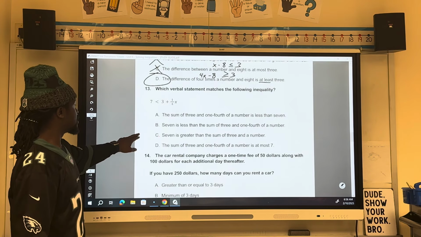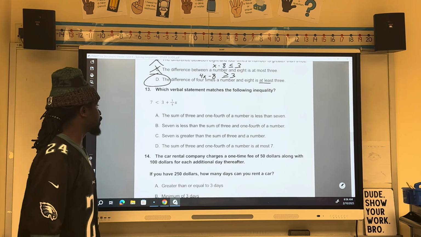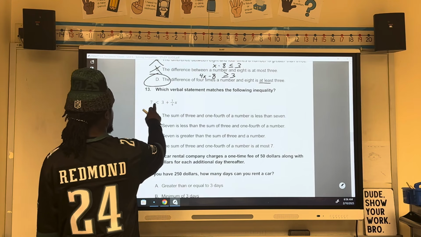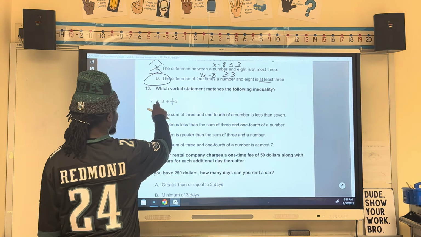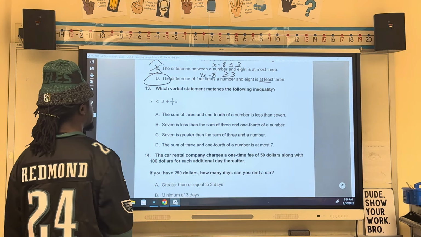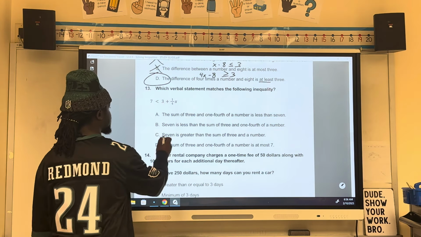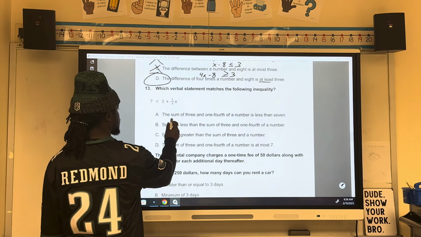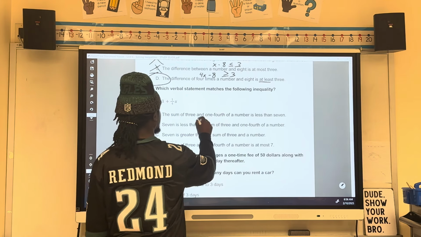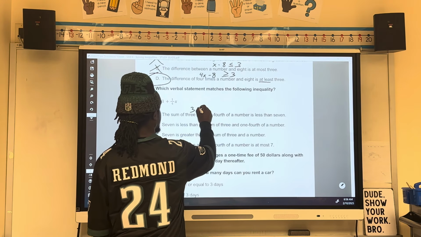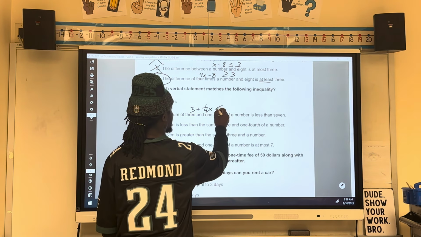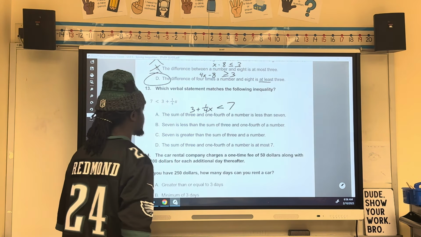All right, number 13. Which verbal statement matches the following inequality? Okay, we got 7 less than 3 plus 1/4 times x, okay? So the sum of 3 and 1/4 of a number is less than 7, okay?